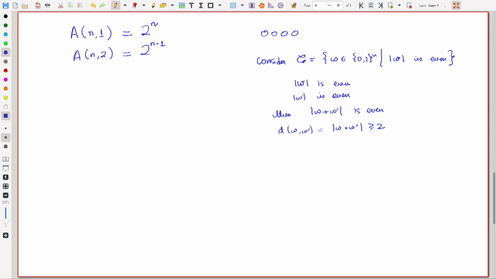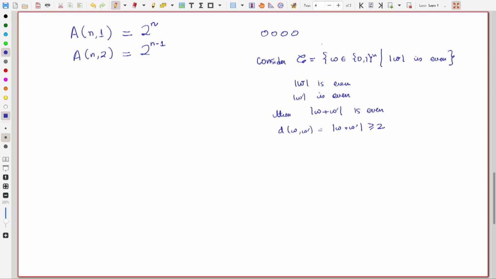And so that shows that A(n,2) is greater than or equal to 2 to the n minus 1, because words with an even number of ones can be thought of as a subspace of F2 to the n, where you take the linear functional that adds up the coordinates to 0.